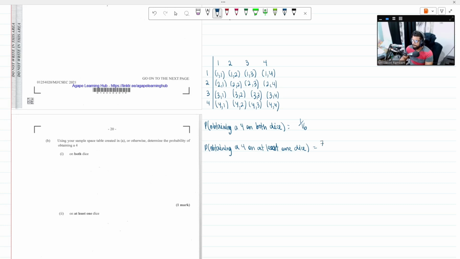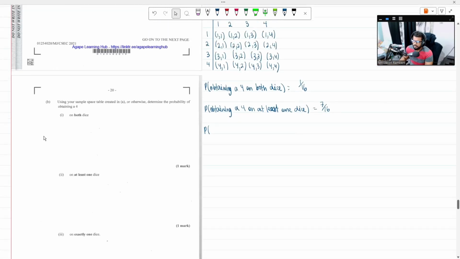And the probability of obtaining a 4 on exactly one dice.